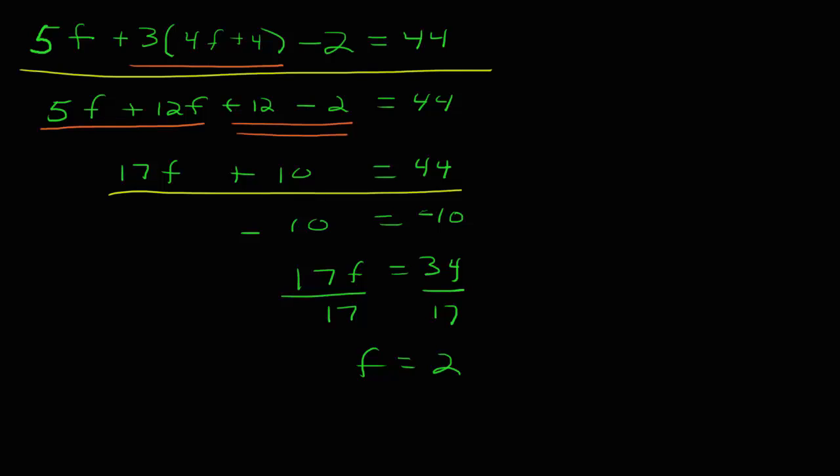Let's take a look at another level 5 problem and see how we can do it. Let's take a look at -2x - 5(-4x - 5) - 2, and let's set that equal to 95.